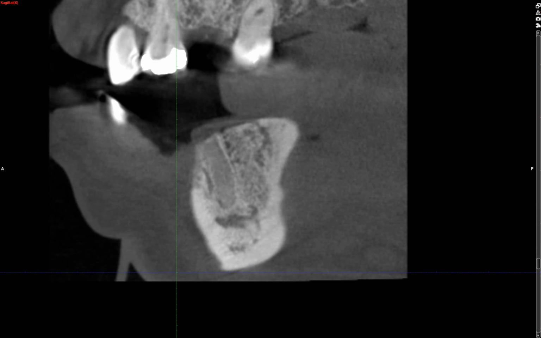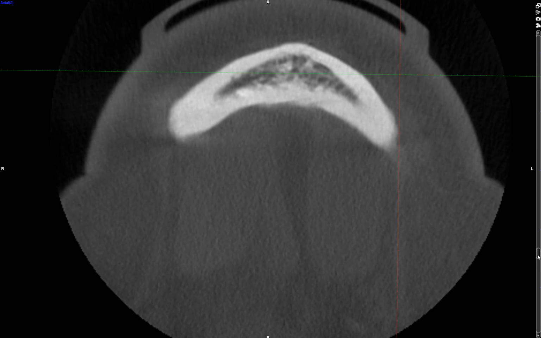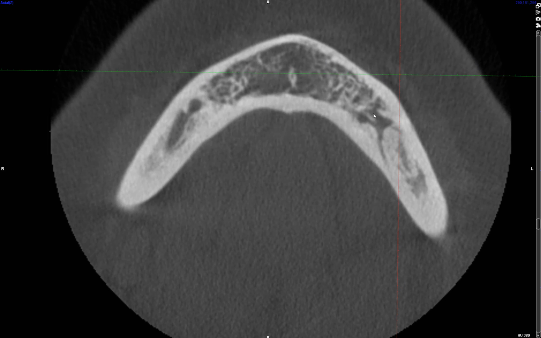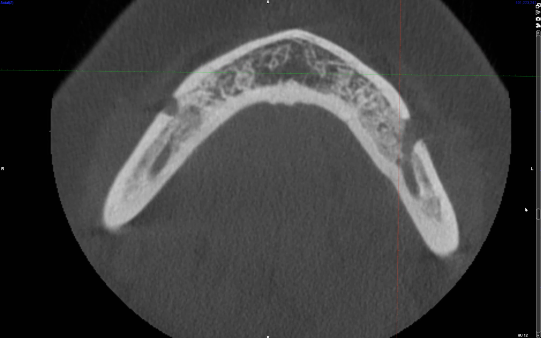So that's the next point that I want to talk about. Now that we've seen this incisive nerve, does it always just go toward the midline and stay within the boundaries of the cortical plates? And absolutely not. Look at this one. So here's a mental foramen.